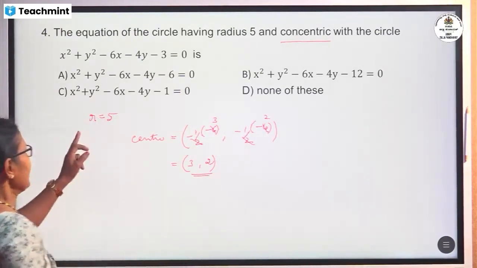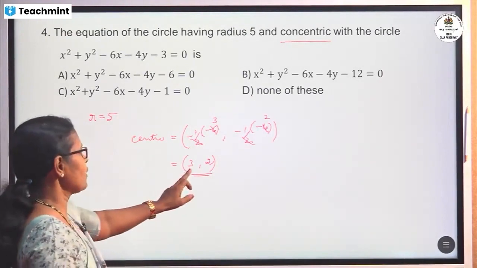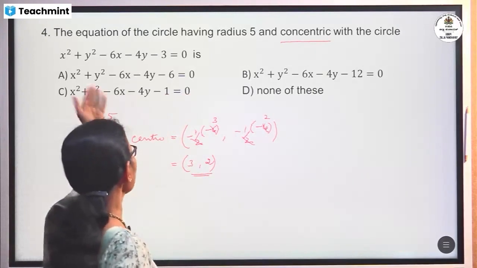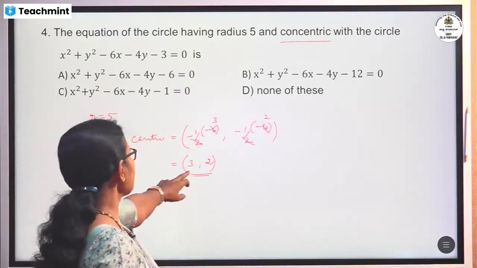Now, radius r is equal to 5 and the center is (3, 2), which is the same as the center of the required circle.